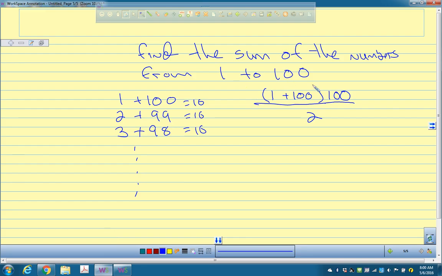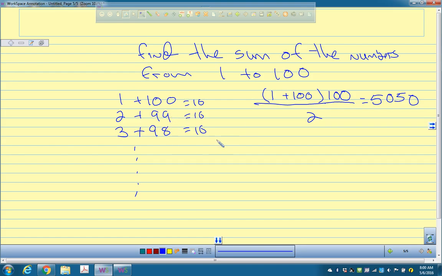So this would be 100 divided by 2 times 101, which makes 5,050. So if you added all the numbers from 1 to 100, you would get 5,050.